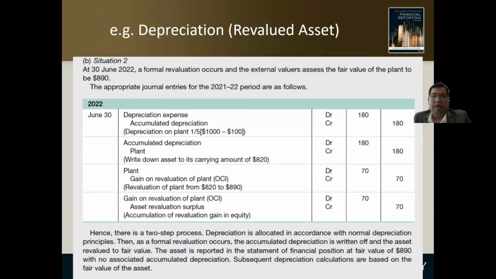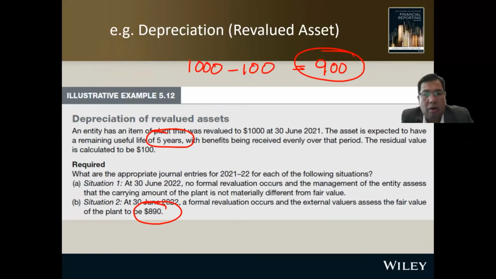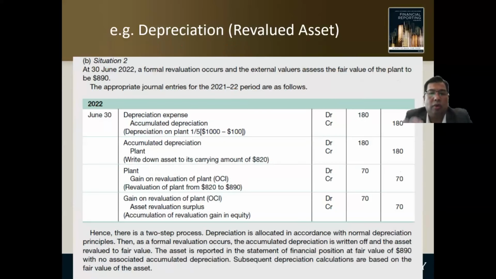Okay. Under situation B, a formal revaluation occurs, and then we found that the value of this asset is 890. So this happens on the following year, 30th June 2022.